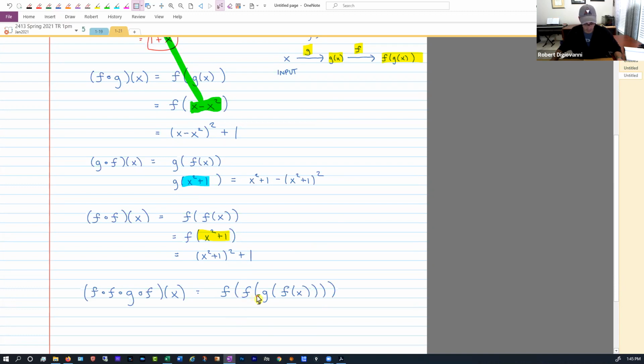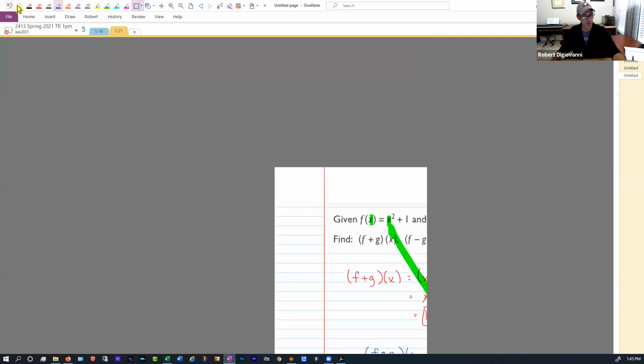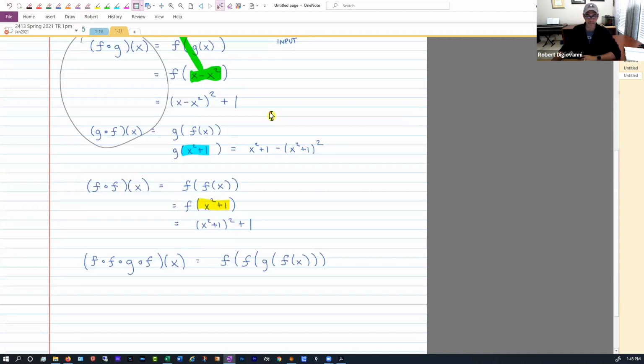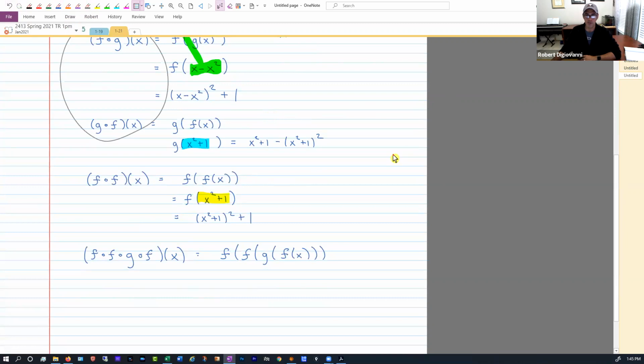First f gets plugged into g, then that answer gets plugged into f, and then that answer gets plugged into f again. So there's no limitation on how many compositions you can have. The ones in college algebra are usually just these two. Those two are the ones you usually see. Are there any questions?